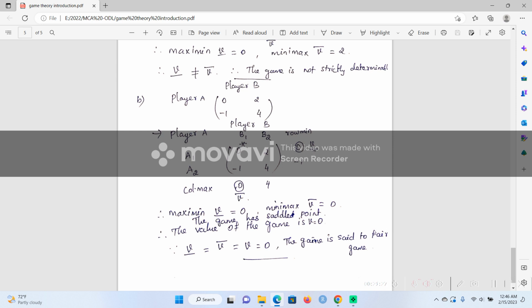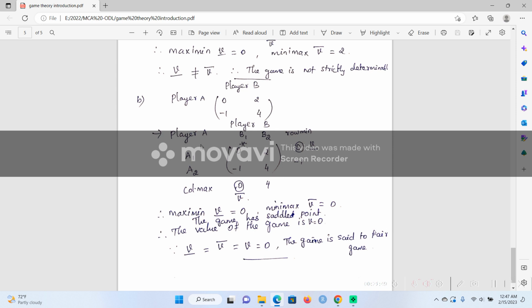One is denoted by the upper bar and the other by the lower bar. Here both values are equal, and the two values intersect at one point. That point is known as the value of the game, which is marked with a star.